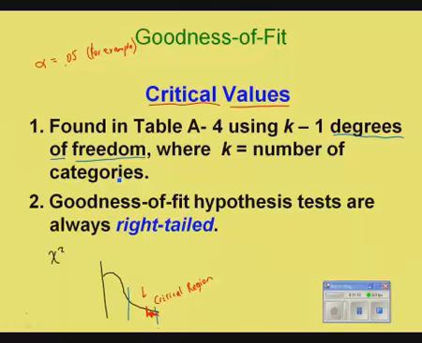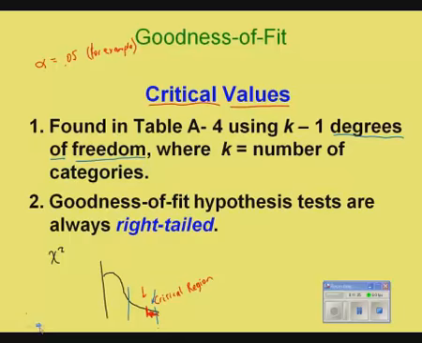But then I look and I have this huge list of p-values. Well, it says area to the right of the critical value. So basically, this is going to be the area of the critical region. And that'll tell me how much area I have in here. Okay, the red. So we'll use it.